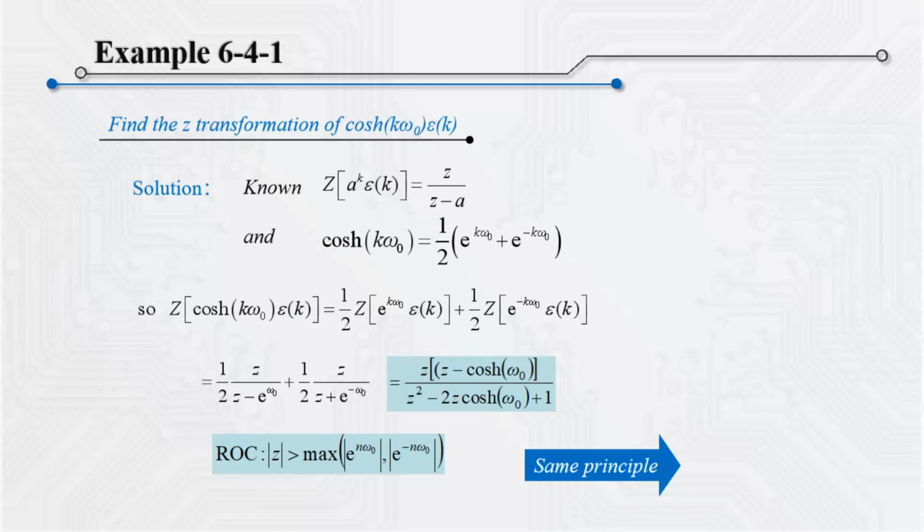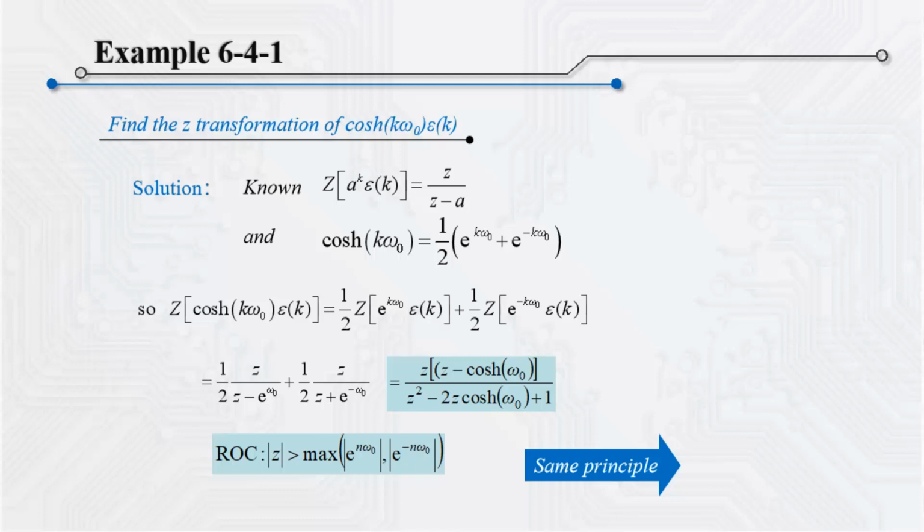First, we look at the first example. Find the corresponding z transform of the following sequence. Then, we know according to the form of common sequences, the z transformation corresponding to the unilateral exponential sequence is z over z minus a.